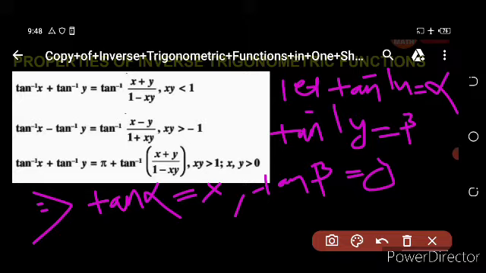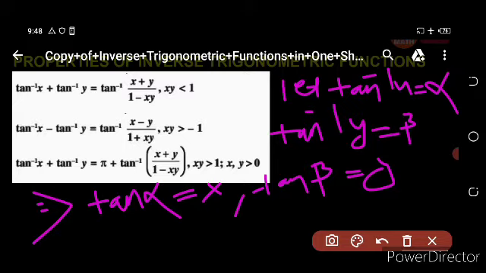So alpha plus beta is equal to tan inverse x plus tan inverse y. Then x is equal to tan alpha and y is equal to tan beta. So tan inverse tan alpha plus tan inverse tan beta, you can also write in this form: tan inverse of tan alpha plus tan beta upon 1 minus tan alpha into tan beta, that is satisfied.